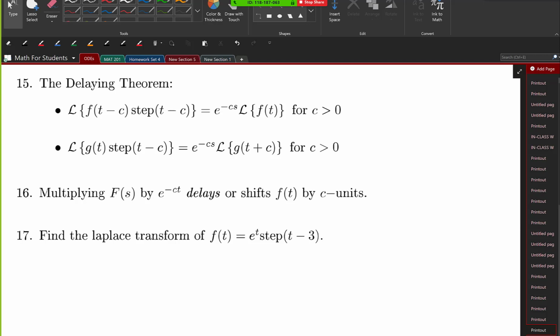So this says if you take the function f of t minus c and you multiply it by the step function, that's the same thing as taking e to the minus cs times your original function not being delayed.